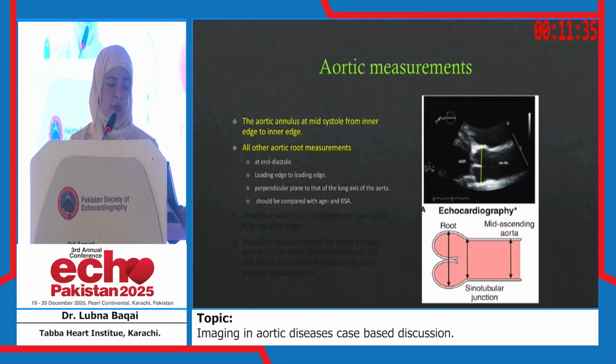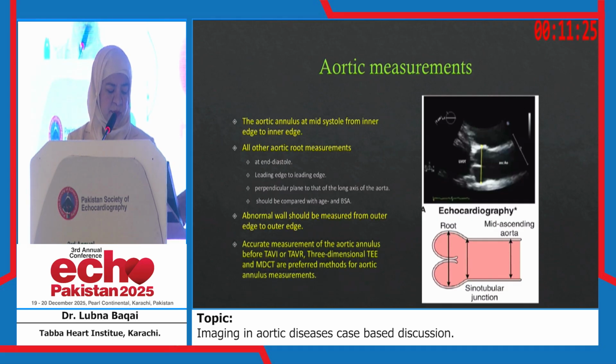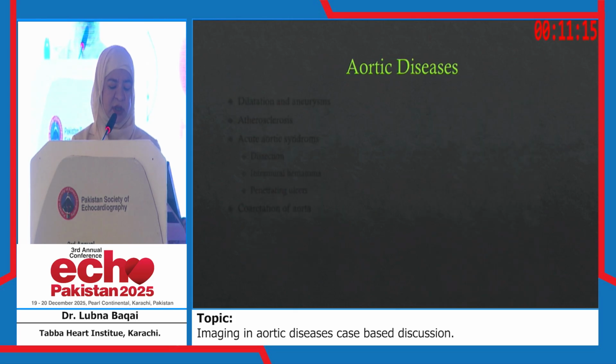It is very important. If there is any pathology in the wall of the aorta, then it should be measured from outer edge to outer edge. For accurate measurement of the aortic annulus before TAVI or TAVR, CT or three-dimensional echo is a better modality as compared to the transthoracic echo.